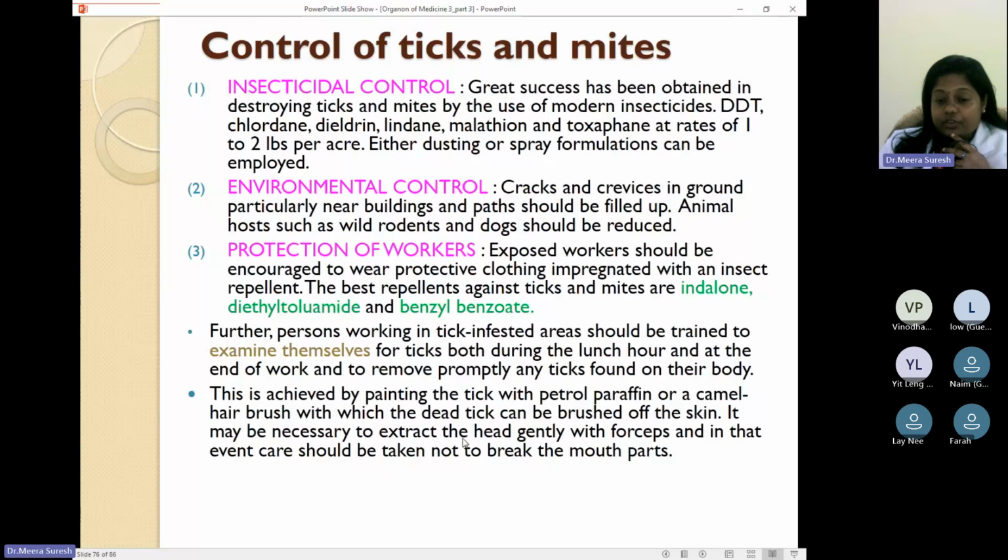It may be necessary to extract the head gently with forceps, and in that event, care should be taken not to break the mouth parts. So, this is how they are trained to examine themselves, not just checking the body like this, because it will be so small. It's actually saying that the brush should be dipped in some petrol paraffin and then applied on the body.